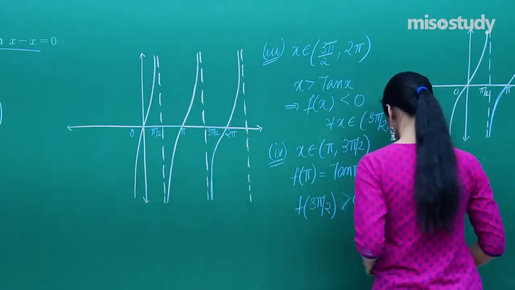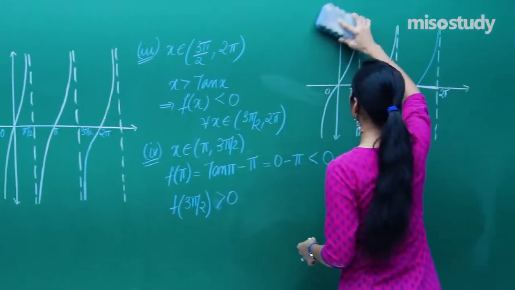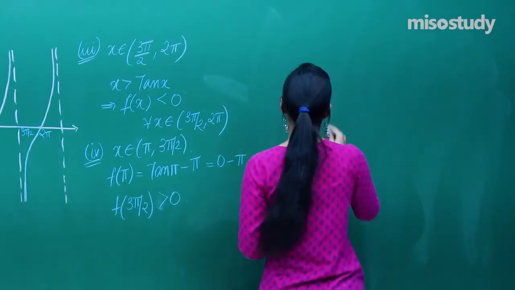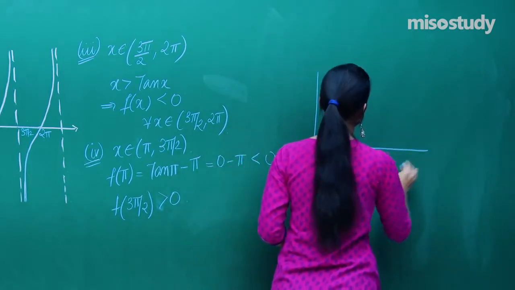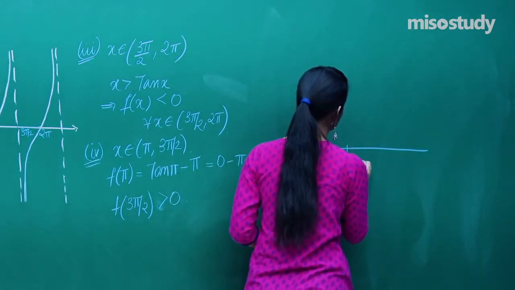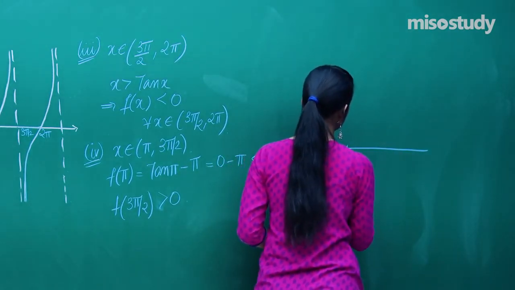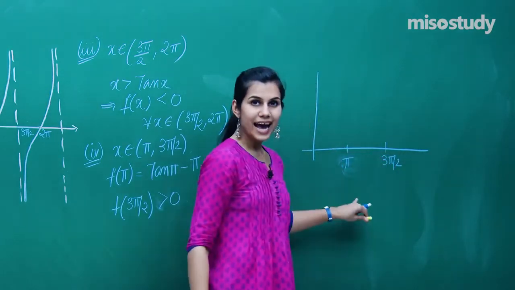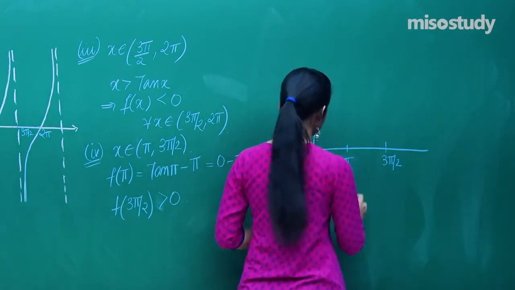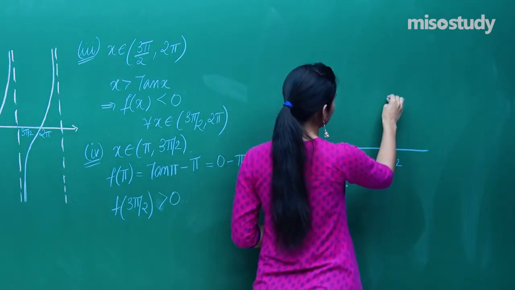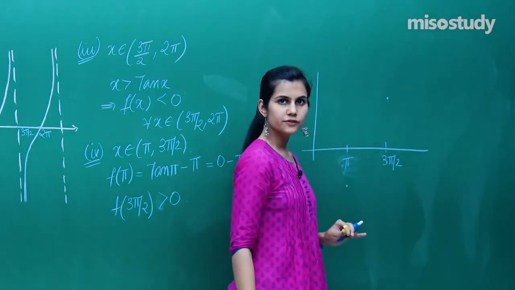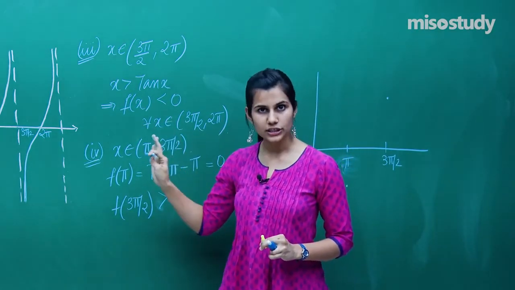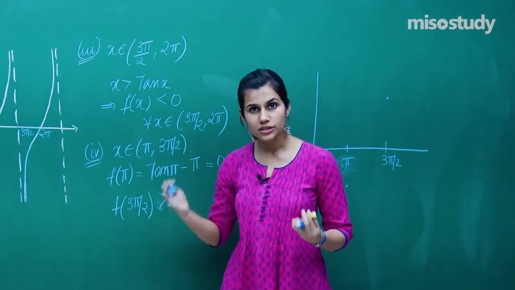That means for the function f, if suppose this is pi and then this is 3 pi by 2, at pi it is negative, at 3 pi by 2 it's somewhere positive. You know tan function is continuous, identity function is continuous, difference of two continuous functions is continuous.